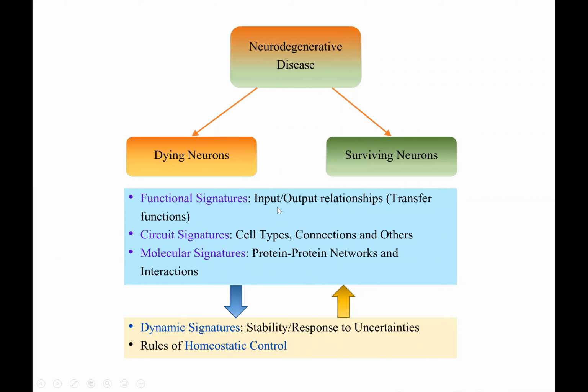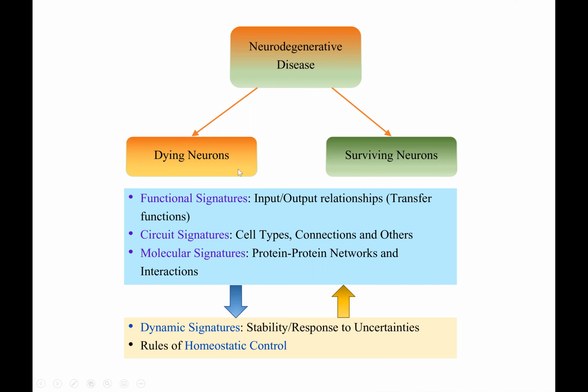So this is a slide that I added to summarize what we are looking at. We are broadly looking at a specific neurodegenerative disease, but we are specifically focusing on how the neurons in the brain that are dying due to the disease chronically, they're different from the surviving neurons.